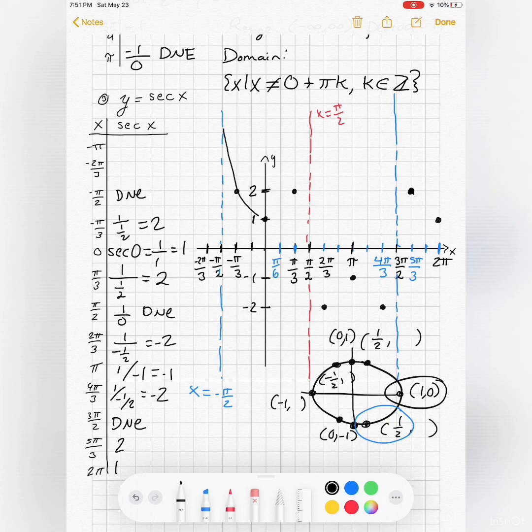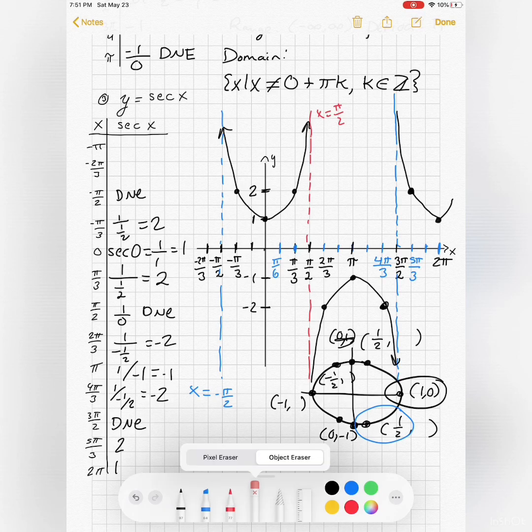So look, they're like these alternating parabola-ish shapes. One above and one below. So that's kind of a cool graph.